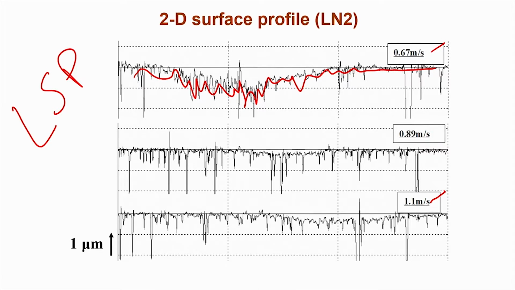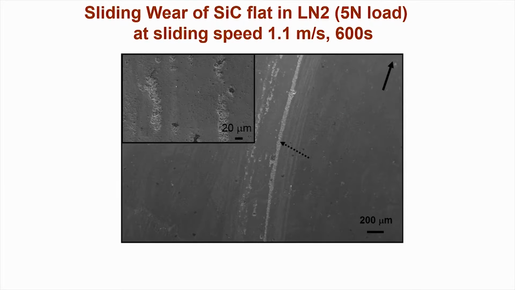What it means is that these are the signatures of differential wear. That means this wear profile is not very smooth, and it shows multiple surface groups of different heights and also different shapes. So, essentially these are the signatures of the differential wear behavior.